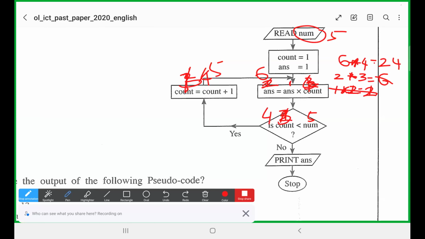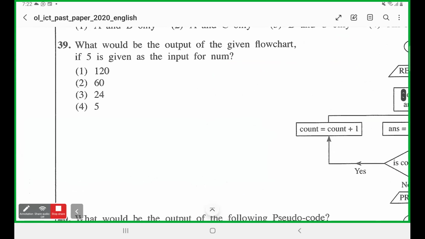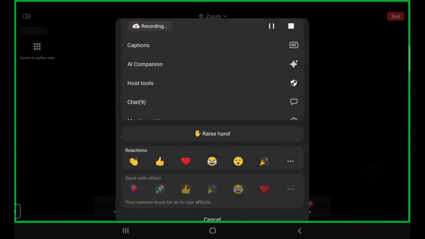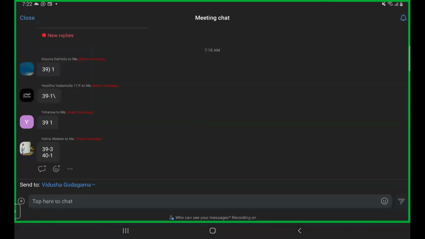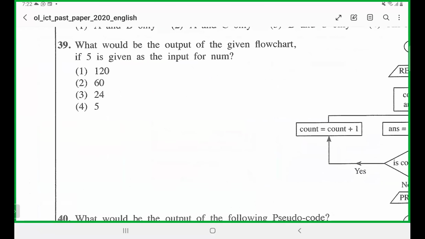So now what is the answer? Yes, you can find the answer now. Question number 39, what is the answer? You must be able to calculate the answer now. Hurry up.